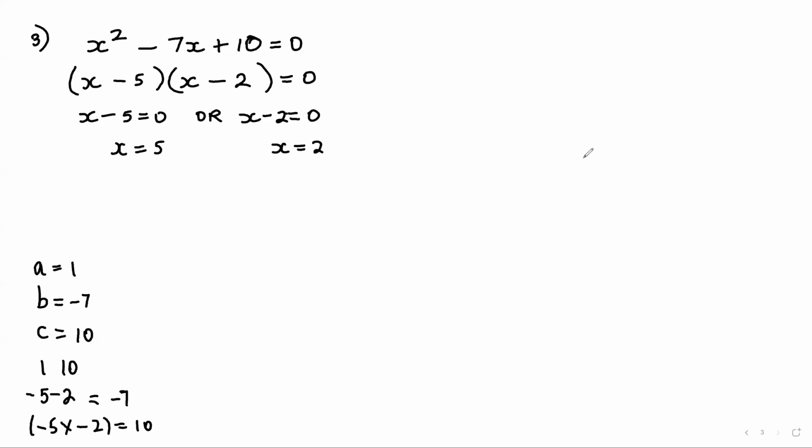All right, and now let's do the quadratic formula, right? So Zafi, stay with me. The quadratic formula is x is equal to minus b plus or minus the square root of b squared minus 4ac, all divided by 2a.